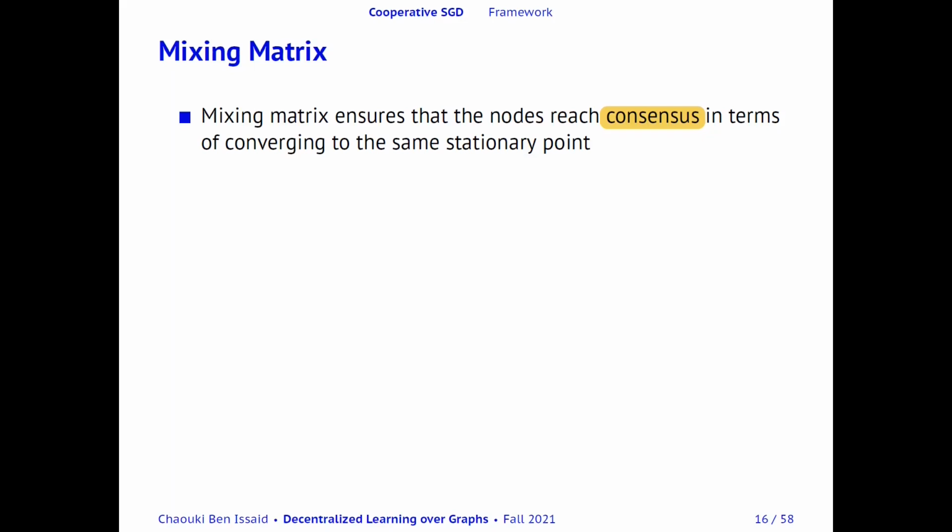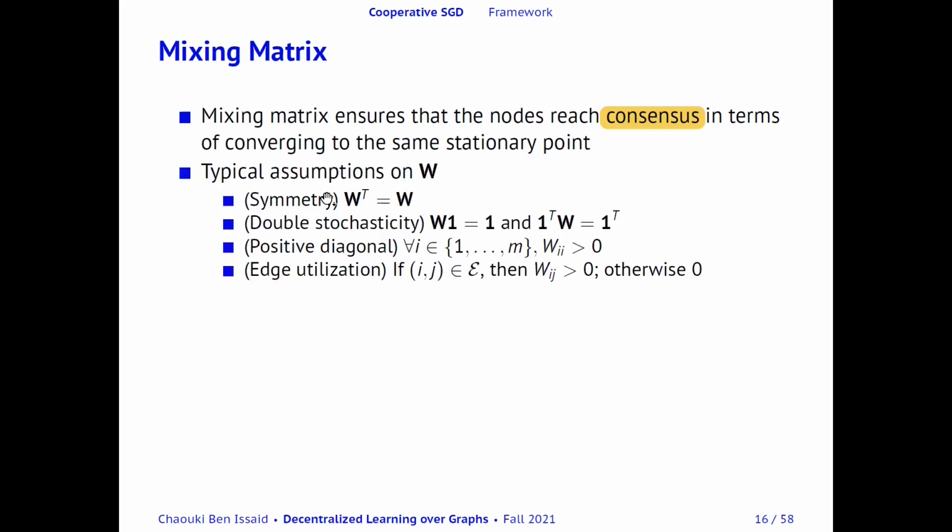Quite often it is assumed to be symmetric, that is W transpose equals W, doubly stochastic, which means that W times 1, where 1 here is the vector of all ones, is equal to 1, and 1 transpose W is equal to 1 transpose. This equation translates to: the sum across rows and columns needs to be equal to 1.